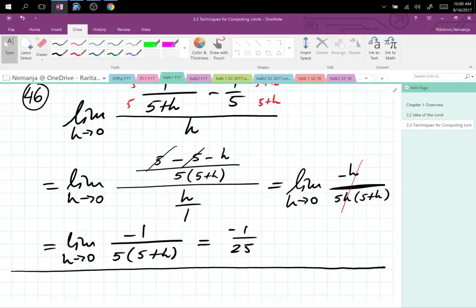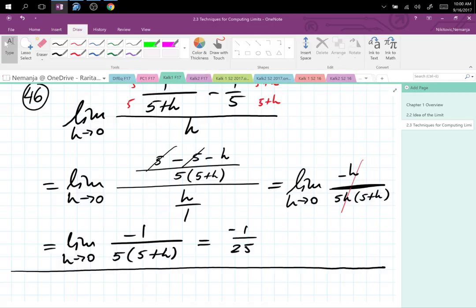The last one. The last one is your definition for the derivative, actually. And these kinds of calculations are coming up in 3.1. Actually, your 3.1 is nothing but this calculation. Over and over and over again. That's it. This is 3.1.